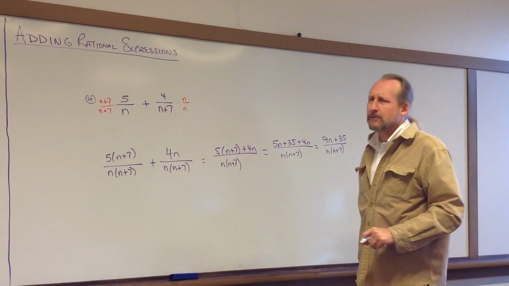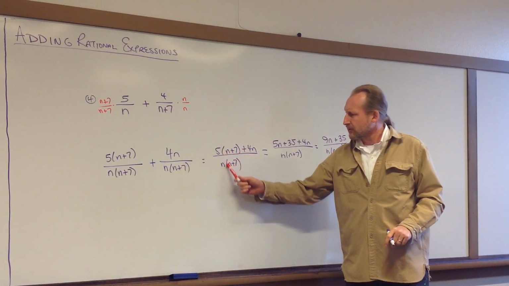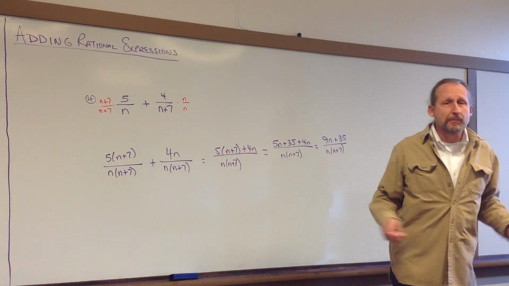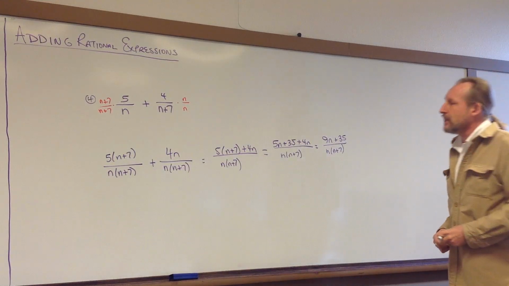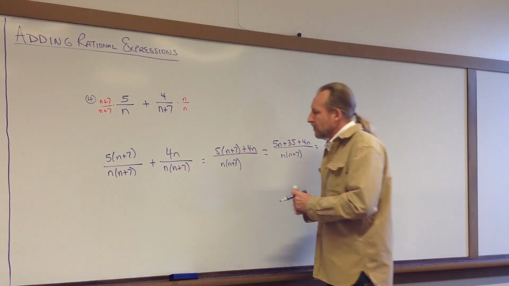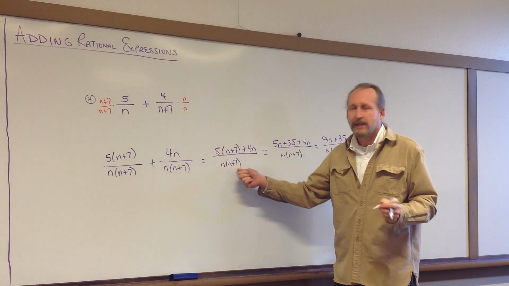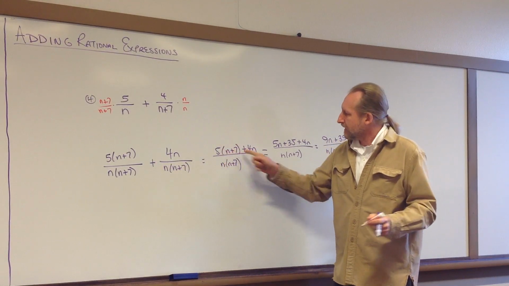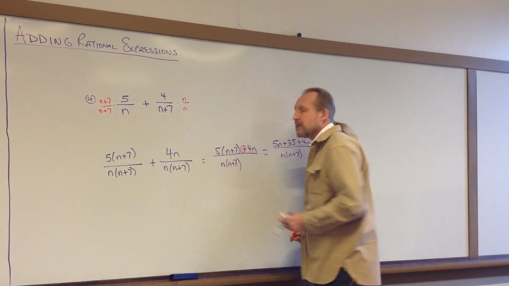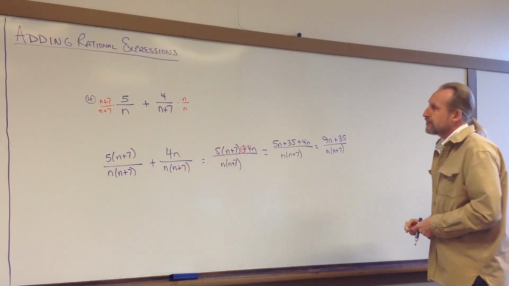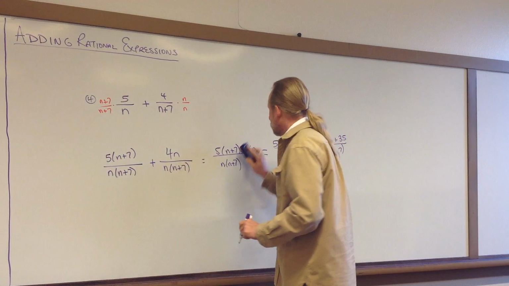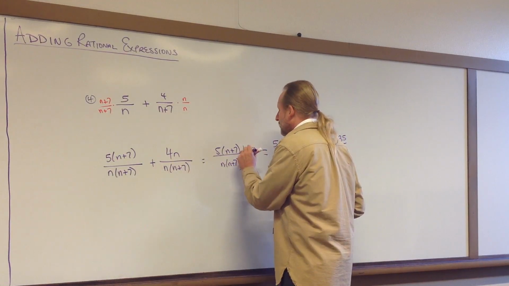Now sometimes people get mixed up and they want to cancel these two right here. But if you remember what I talked about in that last video, canceling is all about multiplication. Down here, that's fine. These are factors, they can be canceled. This one right here can't be canceled because it's being added. Okay? So that's something to be careful and watch out for.